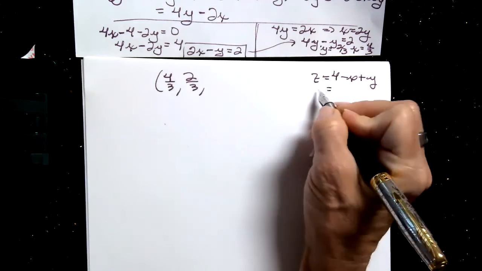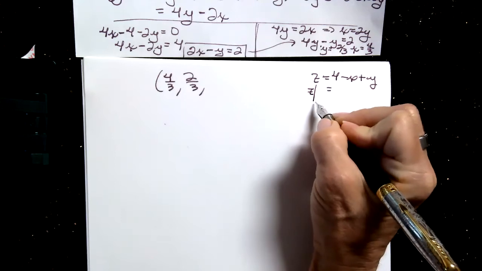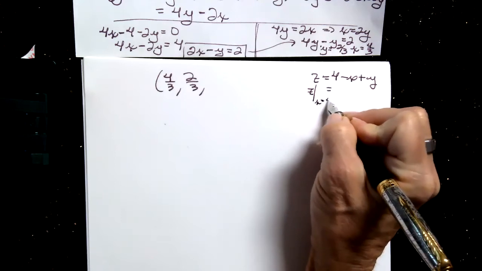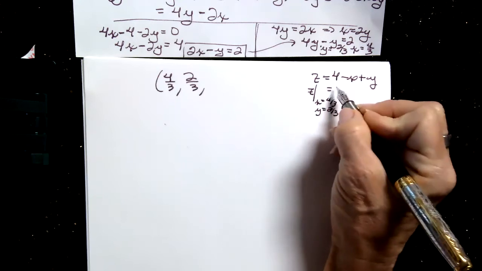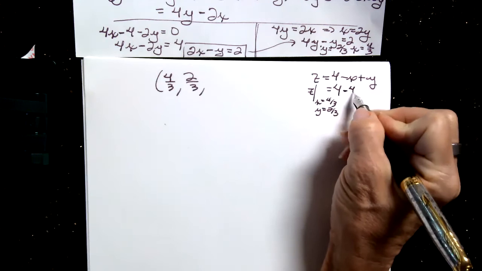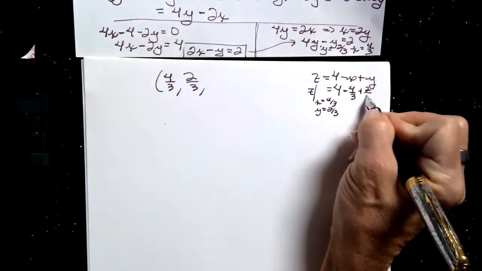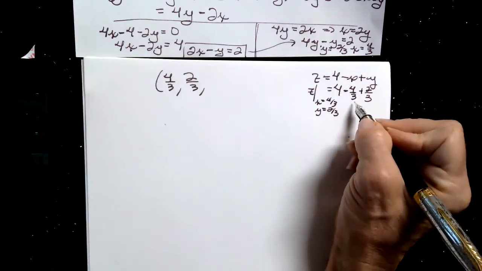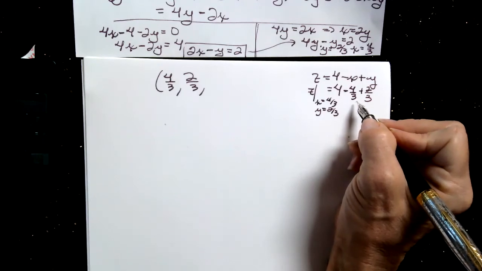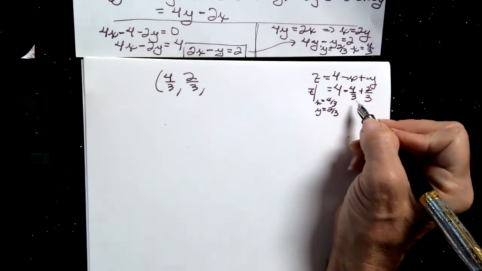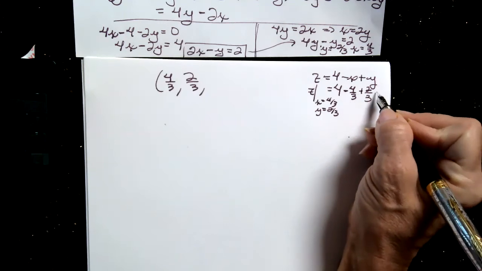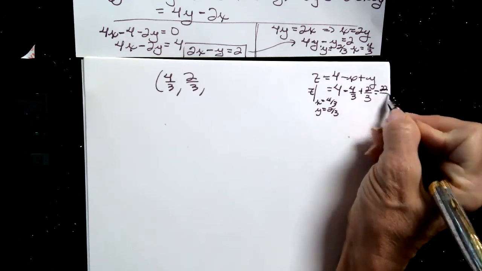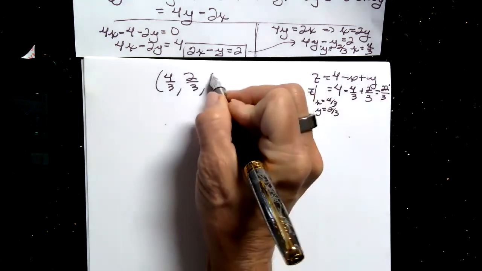So z at x equal 4/3, y equal 2/3 will be 4 minus 4/3 plus 2/3. So that's 4 minus 2/3. So that is 24/3 minus 2/3 is 22/3. Okay, so this would be 22/3.